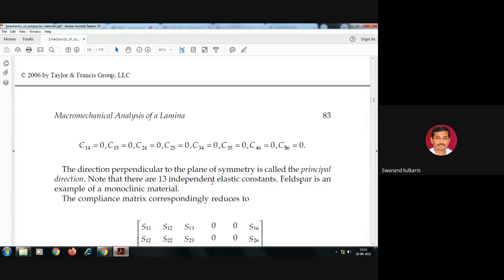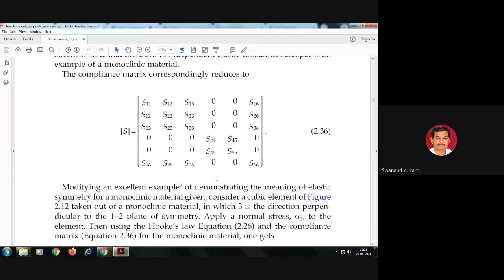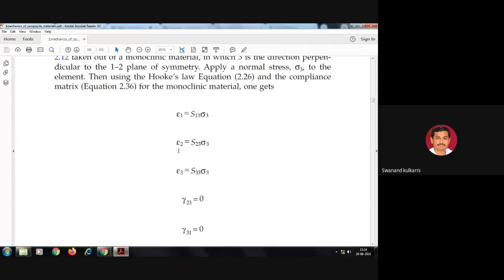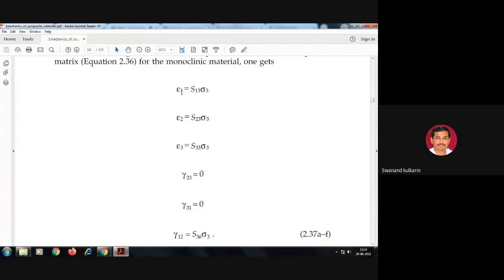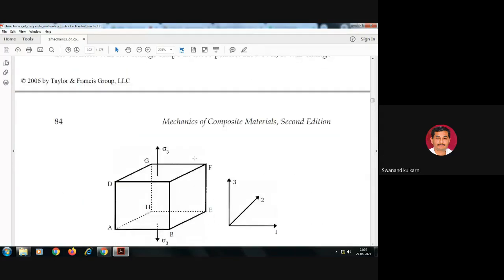So feldspar is an example of monoclinic material. Is it okay? Feldspar is an example of monoclinic material. Is it okay? So this way, now we may have the relationship between the stresses and strains. So two types of materials we have covered now, out of which the first type of material we considered is the anisotropic.